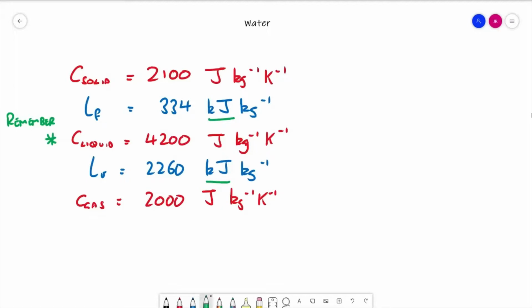The point of showing you that is to illustrate that it takes far more energy to change state than it does to simply heat up the substance in the first place. So you can see that just to boil water to go from liquid to a gas, we're talking about 2,200 kilojoules per kilogram rather than changing just 1 degree or 1 Kelvin at 4,200 joules. We've gone from joules up to kilojoules, and therefore far more energy is required in that change of state than just in the heating process in the first place.